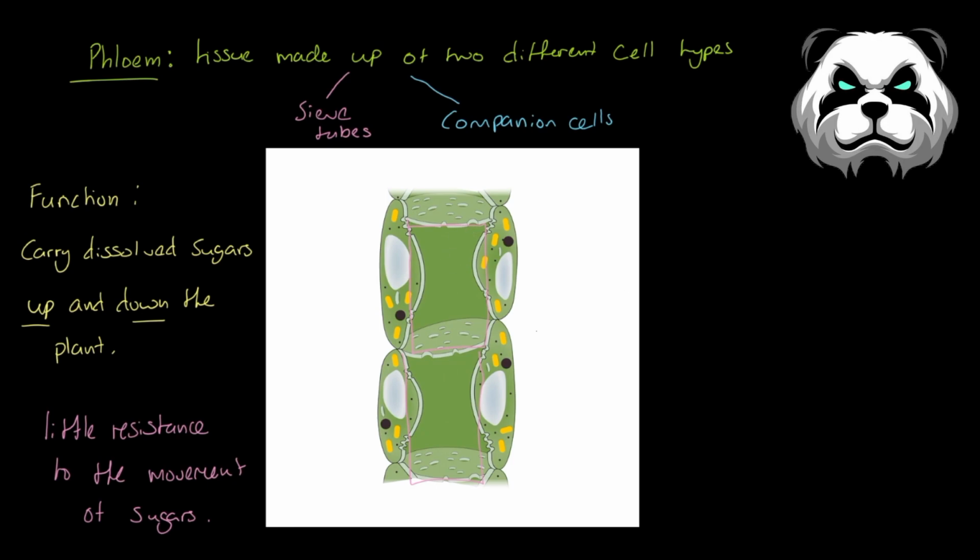And that, of course, is where the companion cells come in. Now, the companion cells are connected by pores to the sieve tubes. They have lots of mitochondria, unlike the sieve tubes.